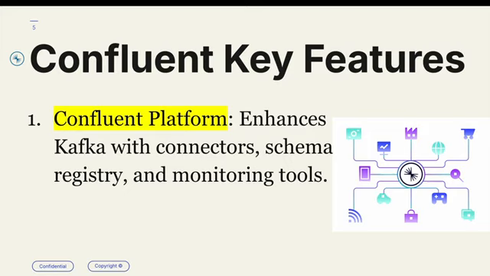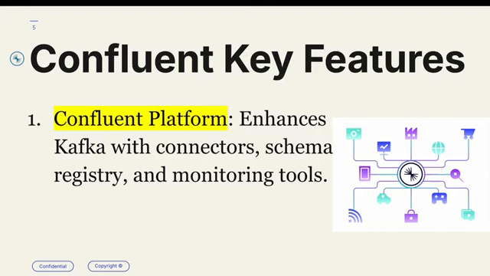Okay, and we have monitoring tools as well. We have the Confluent Control Center. Confluent Control Center is a web-based UI for managing and monitoring Kafka clusters. The benefit is that it provides insight into Kafka topics, brokers, consumers, and groups.